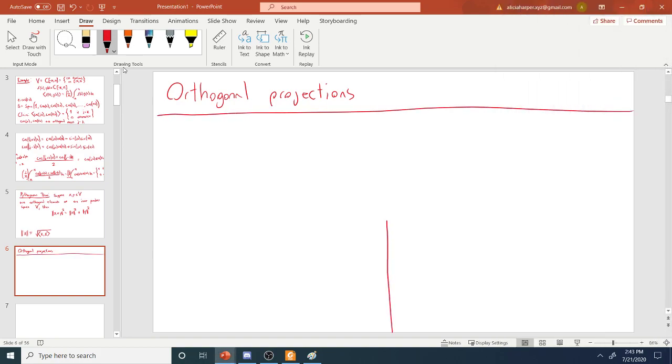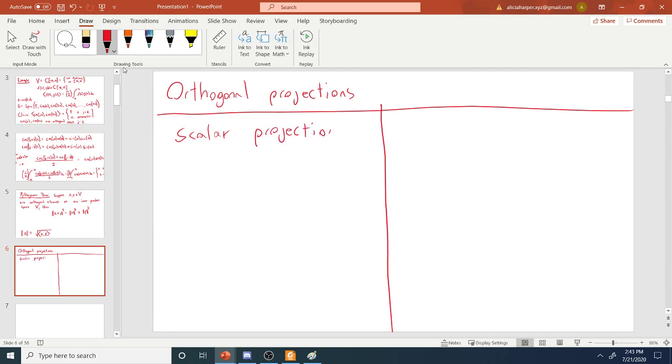You have the scalar projection, and you have the vector projection. Now these are both things that you have seen in some form or another when you've been studying the vector spaces R2 and R3. And the way they're defined in those vector spaces, in fact, gives you the general definition, but I'm going to spell it out.